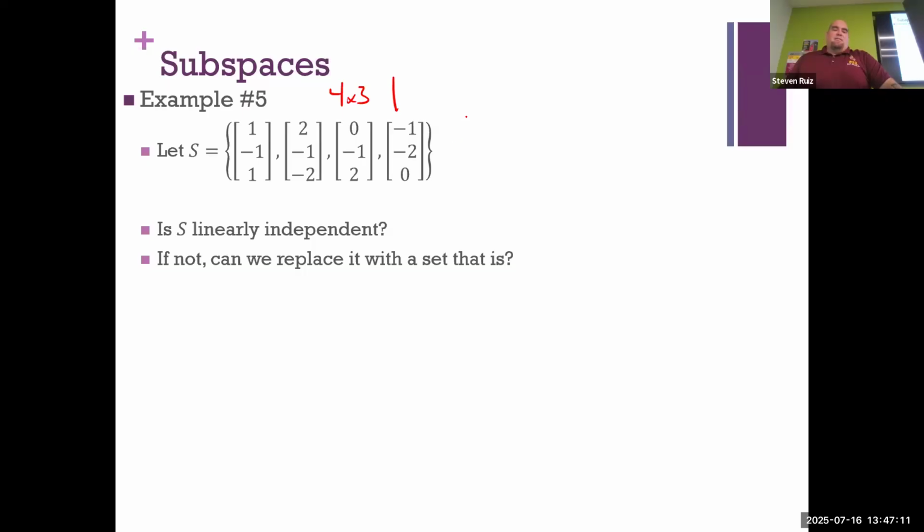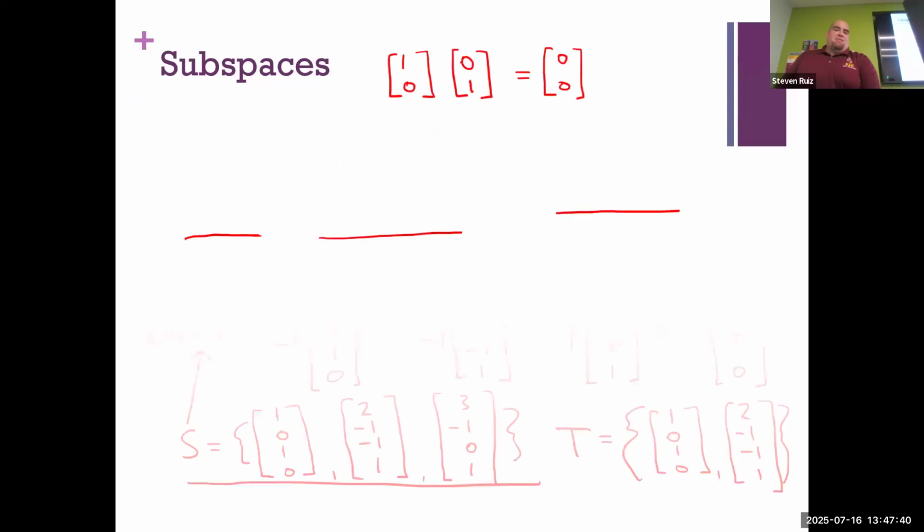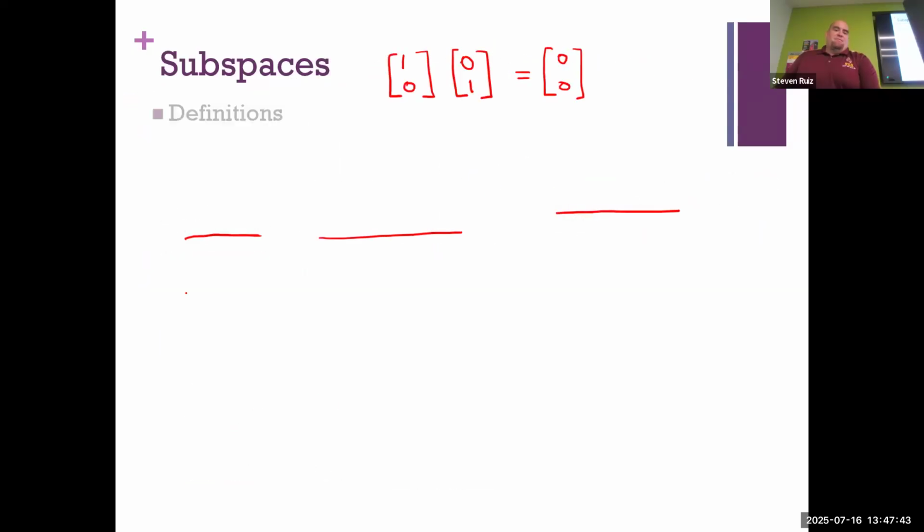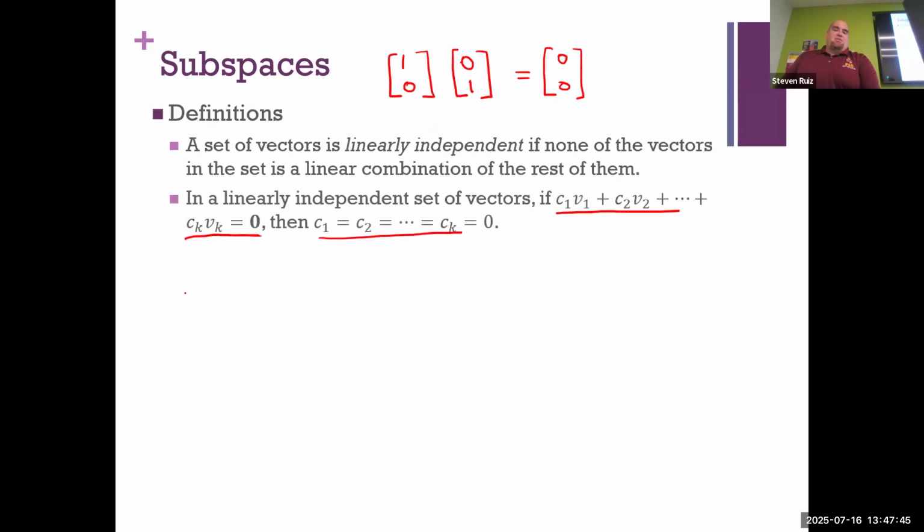Let's think about it. What do the first, second, and third rows in these things all represent? Or maybe I should ask this: what does it mean for a set of vectors to be linearly independent? I'm going to ask you to lean into the long form mathematical definition here.